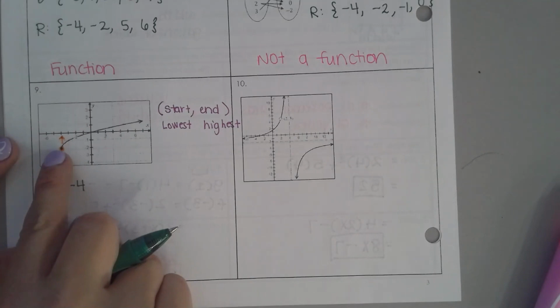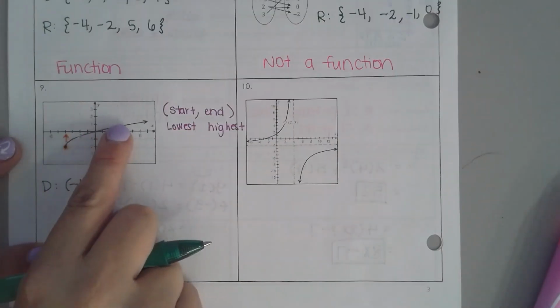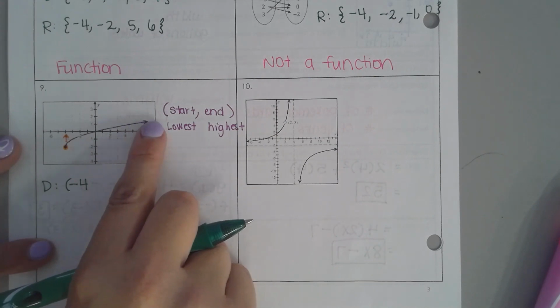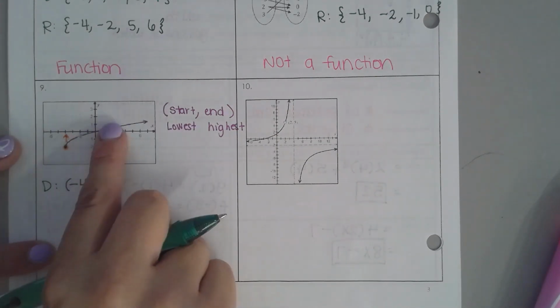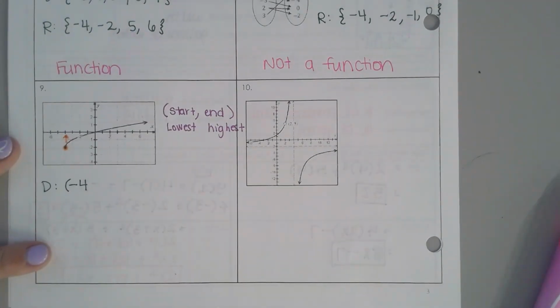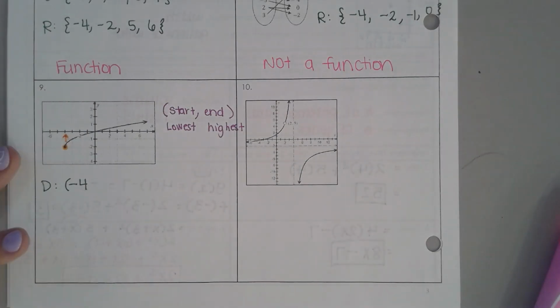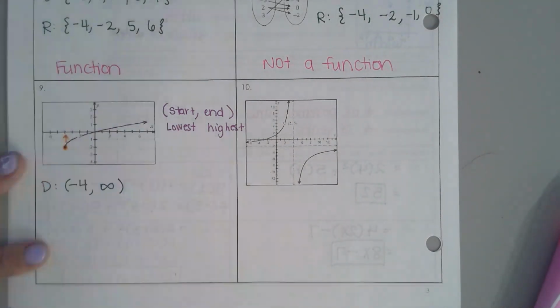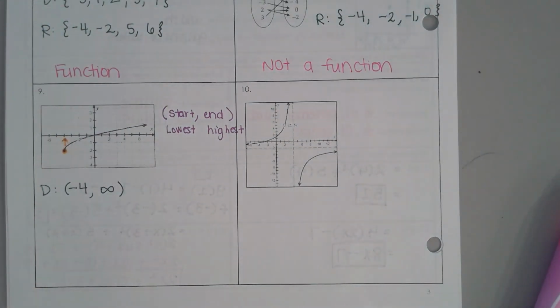And then I follow this line. What does that arrow mean? It continues forever. So can I find an ending point? Nope. So what do I put when it goes forever? Infinity. So my domain is from -4 to infinity.